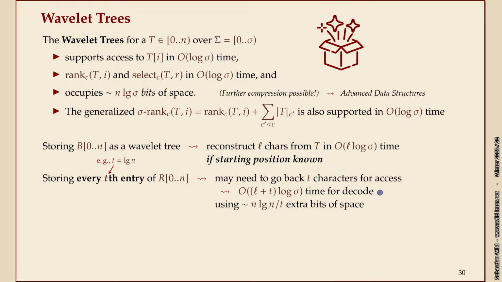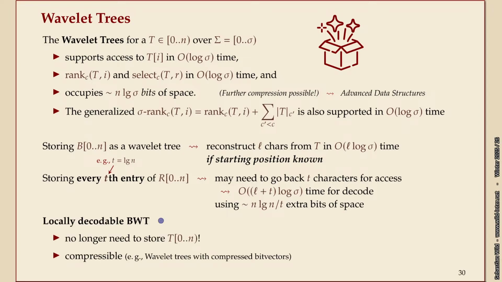In particular, if you know you want to start at position i, you can't get the suffix there, but you can start a little earlier, round down to the nearest multiple of t, and start decoding from there. There's going to be at most t characters that you decode as extra effort, but then you can reduce the space. That's a simple trick to get some reasonable space, and this is a practical alternative that people use.